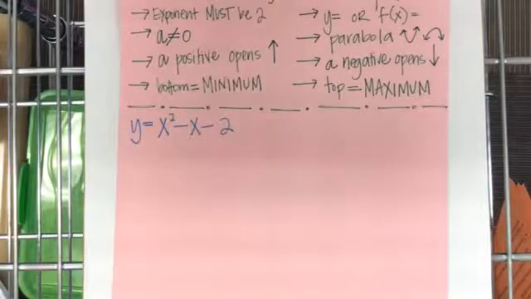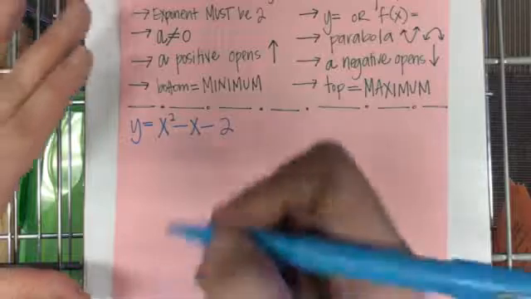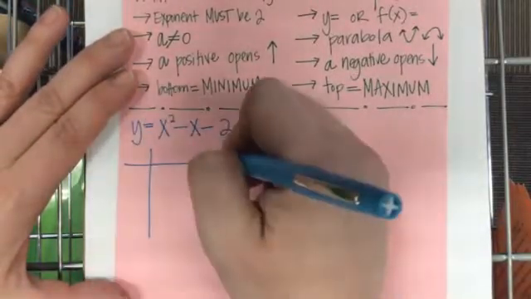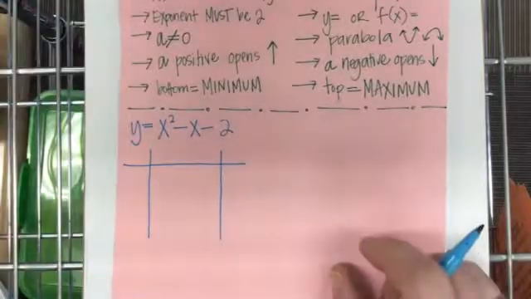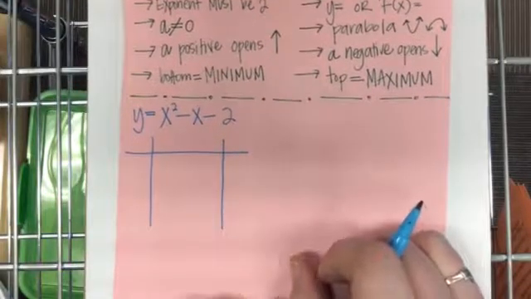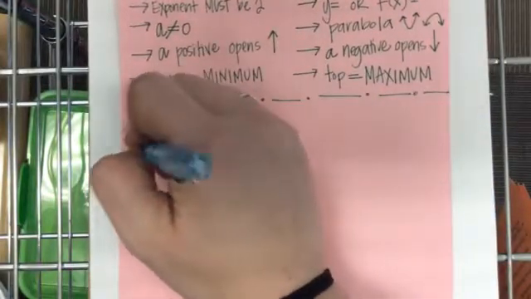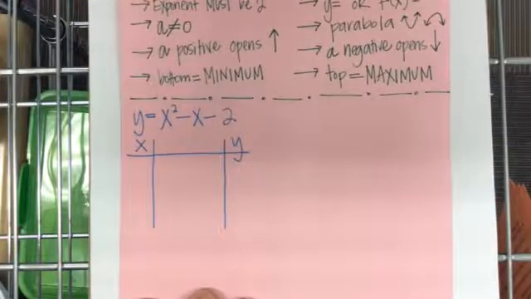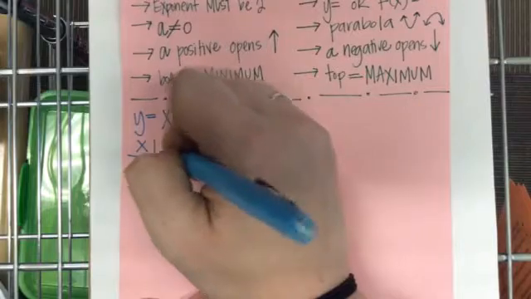If I was going to say, hey guys, graph this, could you do it? You make a table. You put your x values, you put your y values, and in the middle is where you do your math.